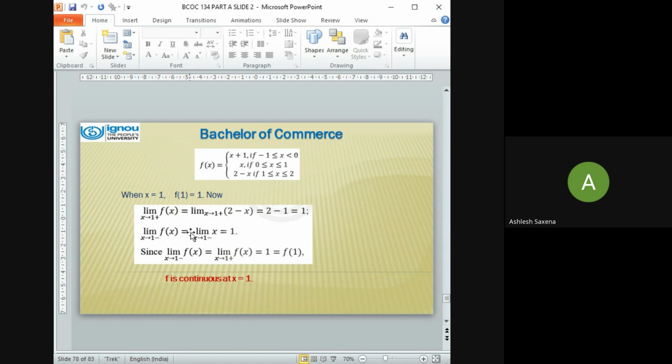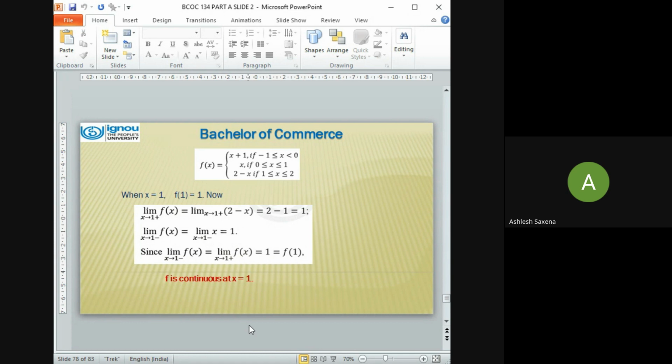For x tends to 1 negative, it is this part only. That means we apply the limit, so it will be 1. This is 1, this is 1. Now what is the value of the function? f(1) is 1. All these three values are equal. When all these three values are equal, we can straight away say that the function is continuous at x equal to 1.